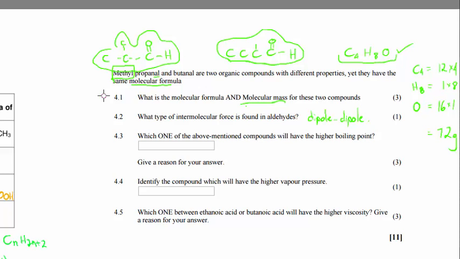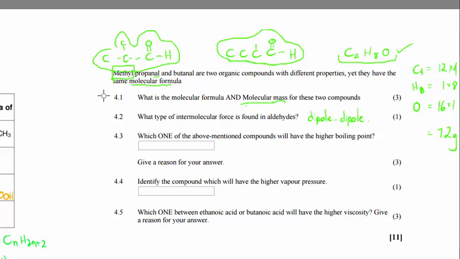The forces that exist to keep them there are weaker in methylpropanol than the forces that exist in butanol. Do you understand, Olivia? So vapor pressure is the ability to release vapor. I release vapor more when my forces are weak. So branched will release more vapors than unbranched. Okay?